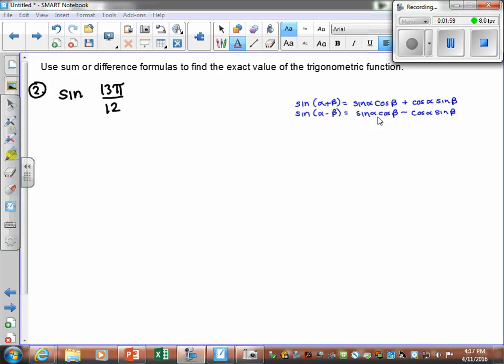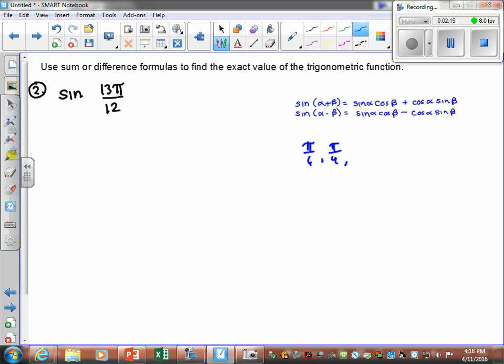We want to rewrite as a sum of two angles, alpha and beta, whose values are known, such as the known values that we have most often on our unit circle: pi 6, pi fourths, pi thirds, or pi halves. These are very familiar to us and on our unit circle. So if we're able to get to any of these, we're in business.